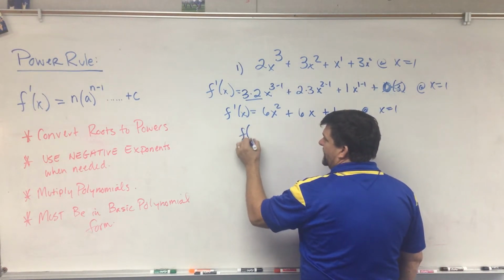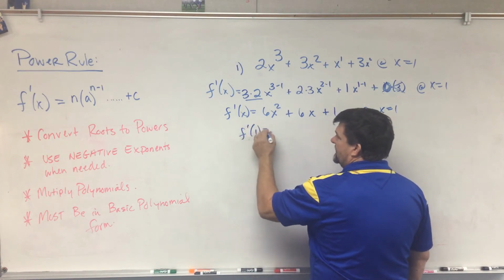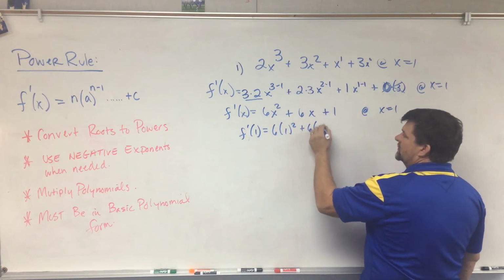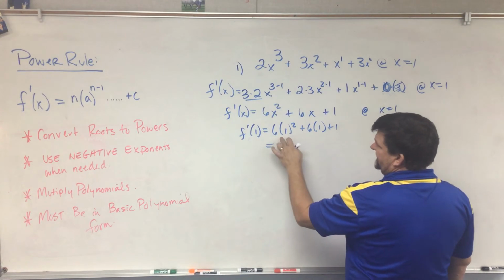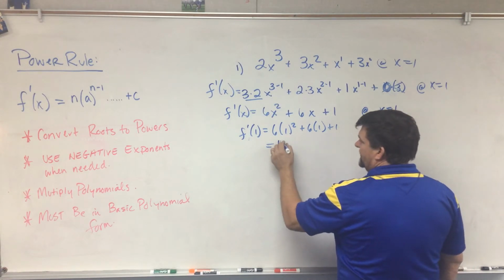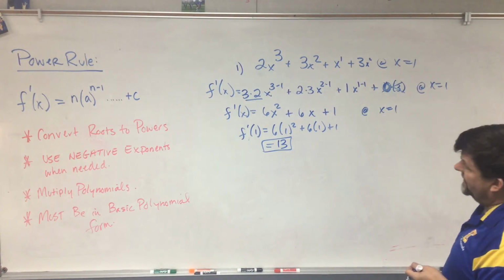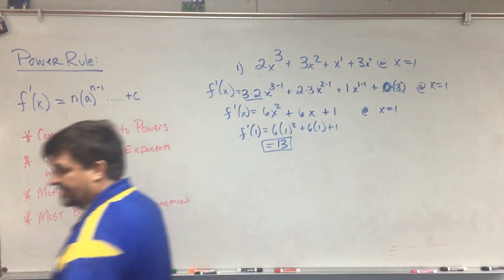So my slope at x equals 1 is 6 times 1 squared plus 6 times 1 plus 1, which is going to equal 6 plus 6 plus 1, 13. So that's a little bit faster than the derivative with the definition of a limit.